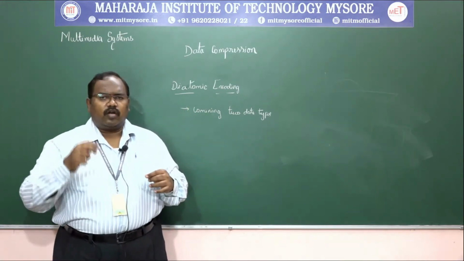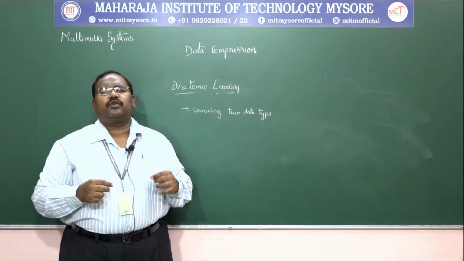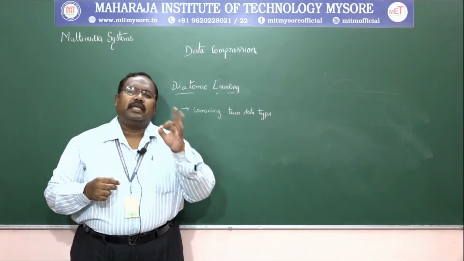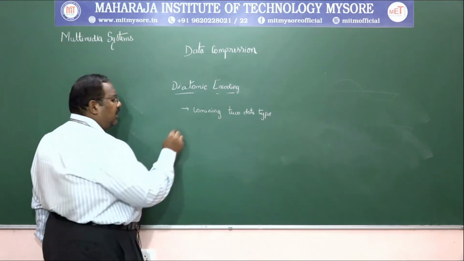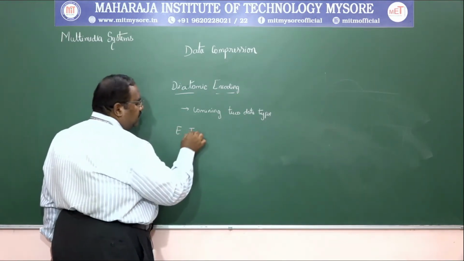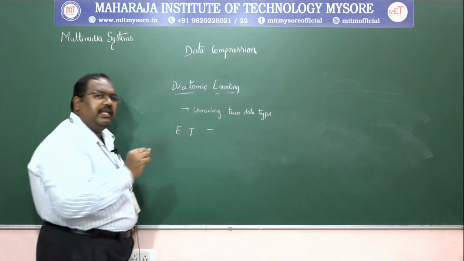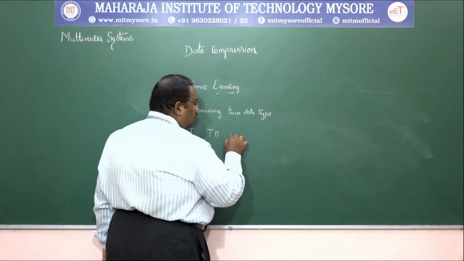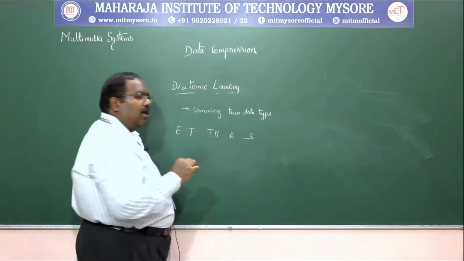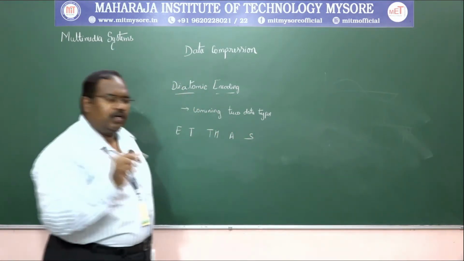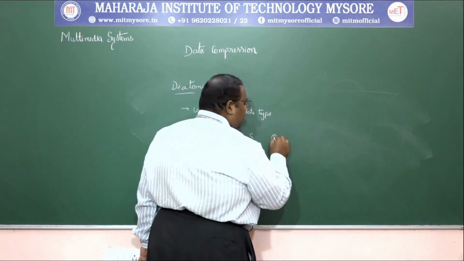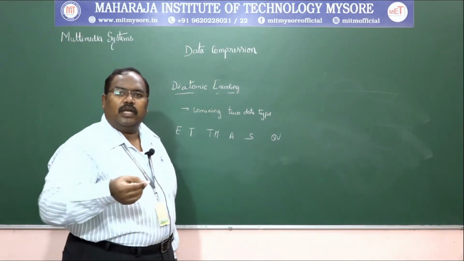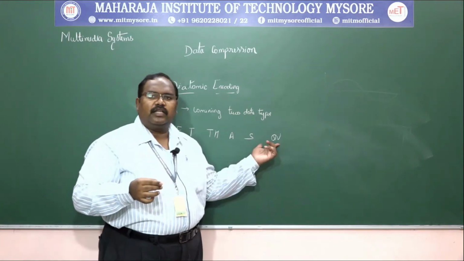Studies have shown the 8 most frequently occurring pairs in the English language. What are those? Mostly we have seen E, T, ET, TH, A, S, and also whenever we use the letter Q, it is always followed by U: query, quantum, quality. So it's a combination, you can see.